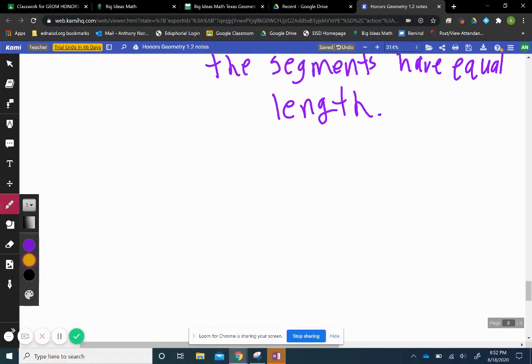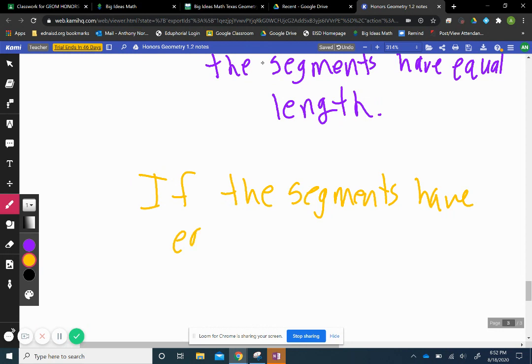Which is the same as saying, if the segments have equal length, or distance, they are congruent.